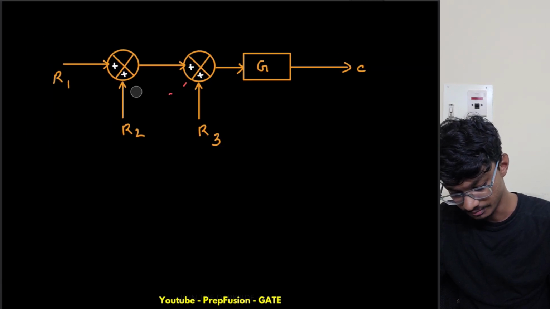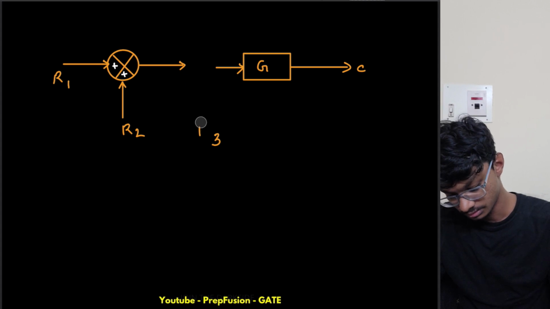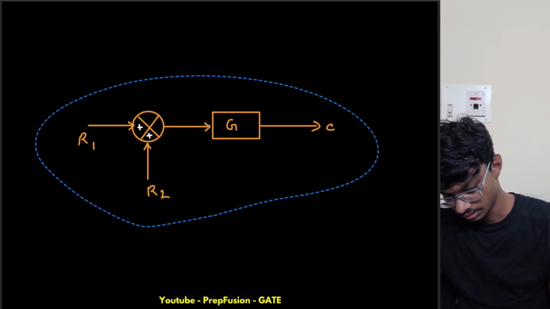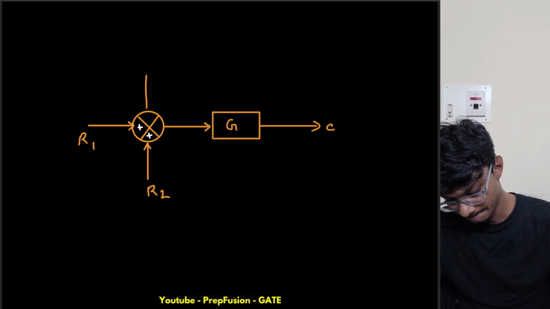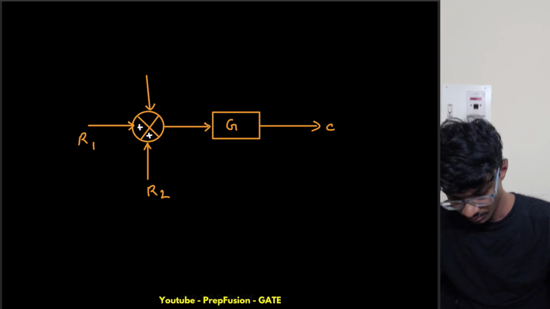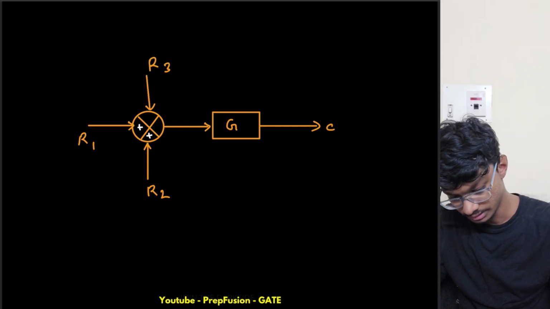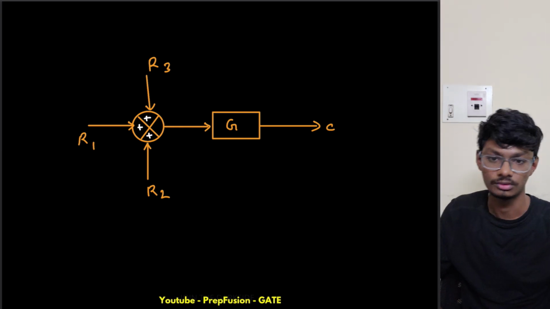Instead of interchanging them, what I can do is take it here and simply add like here also, right? So this is also one more method.